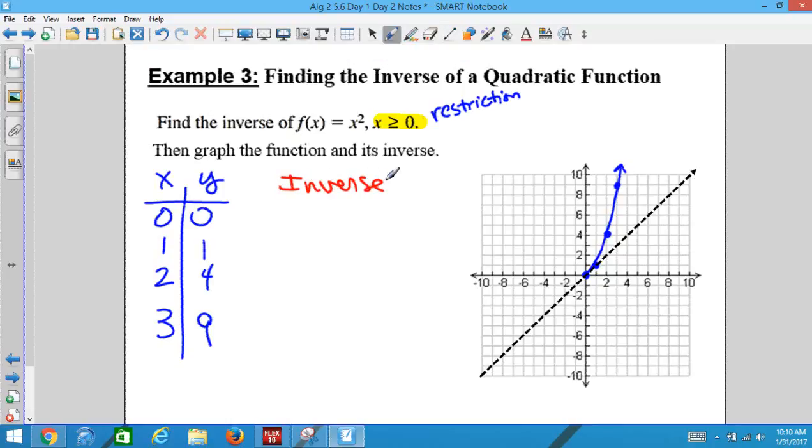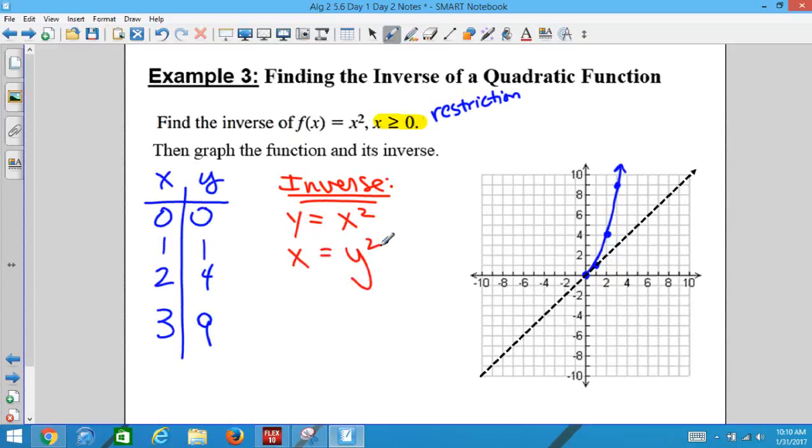Same procedure as yesterday, almost. How do we find the inverse? Did you switch the x and y? Well, there's no y. I'm talking about on the graph that you made. No, how do we find the equation? You put y in for f of x. Then we switch x and y.